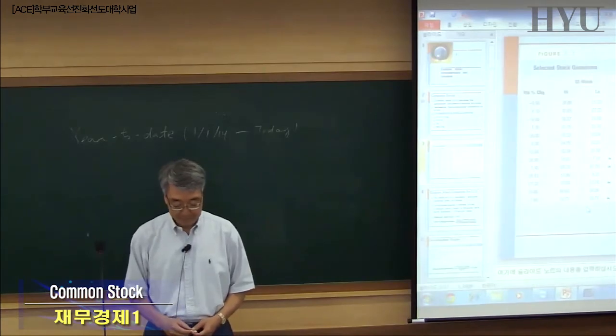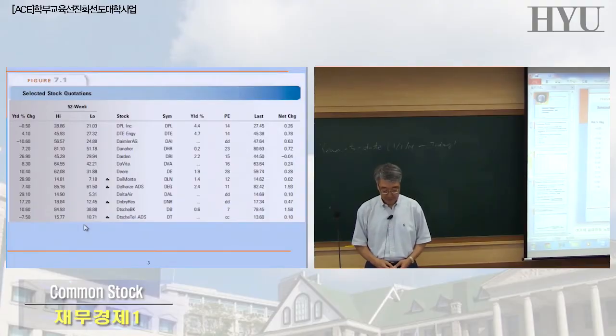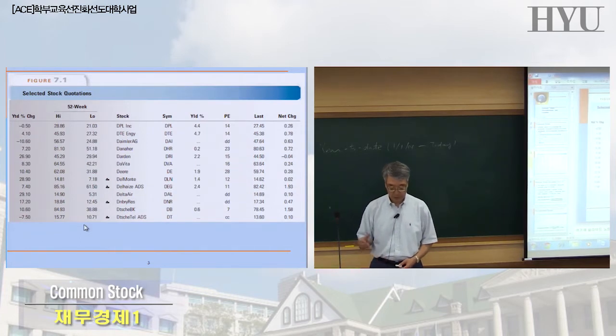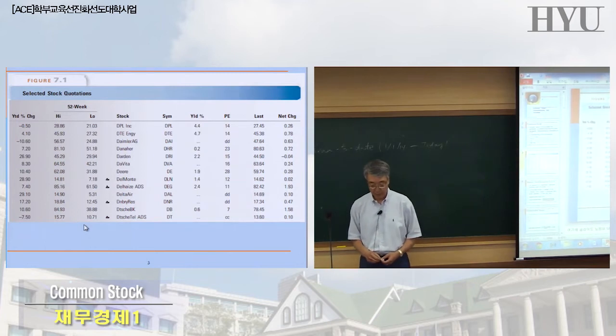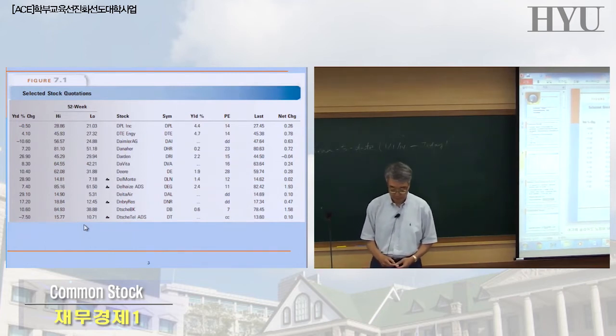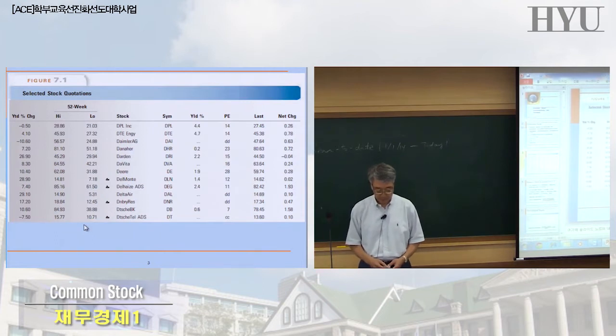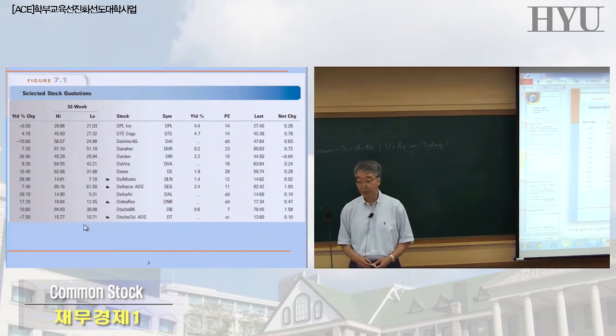And the second and third columns show the 52-week high and low. So during the last 1 year, the 52-week period, what was the highest price and the lowest price? There was about $7.80 fluctuation between high and low for this stock. Okay, so you can quickly grasp what happened.